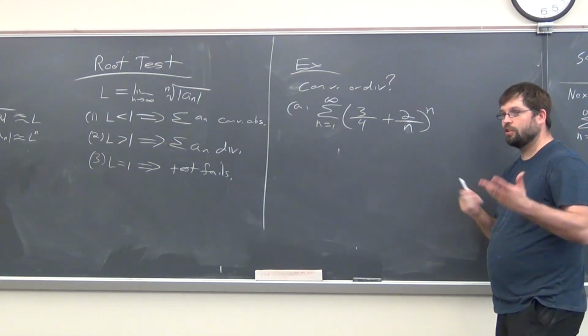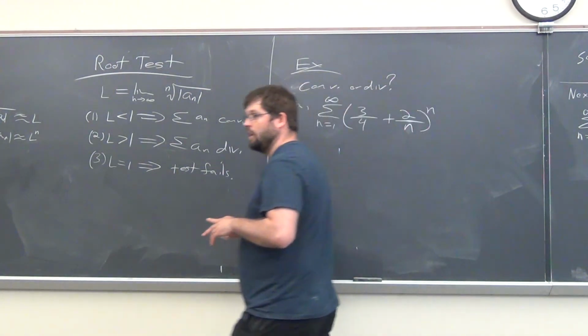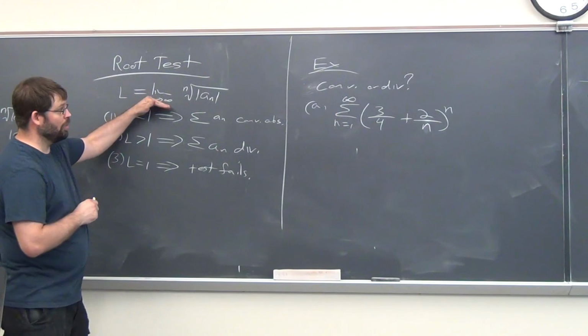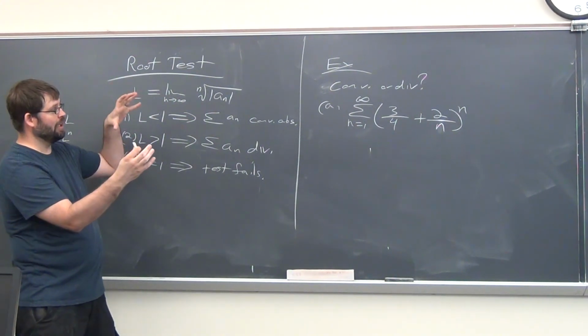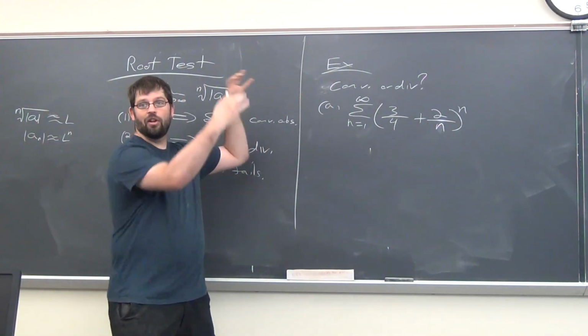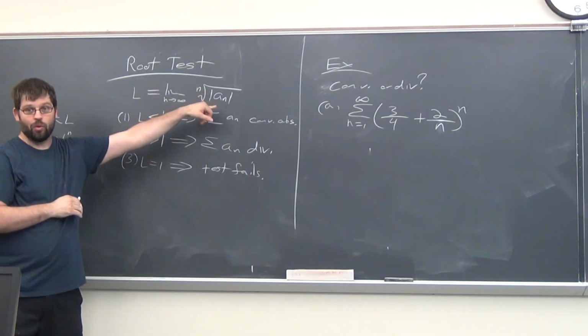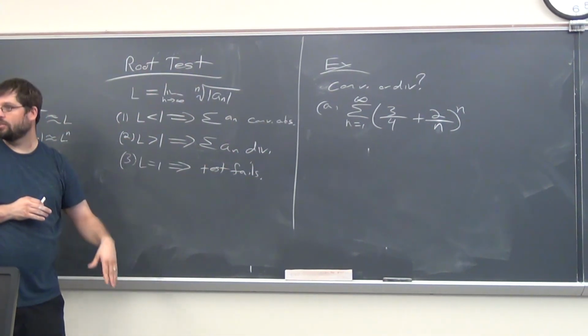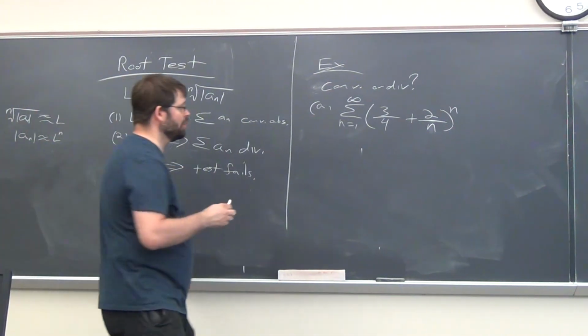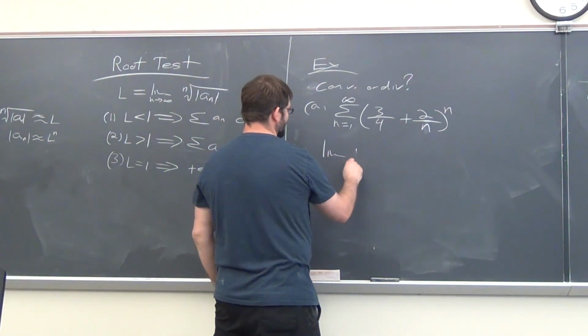So maybe this thing converges, but let's just see. And so this root test is exactly what we want if your whole thing is, right, some term to the nth power. The root test just takes the nth root of that and it'll just disappear. So that's the one place where you really want to take advantage of this.